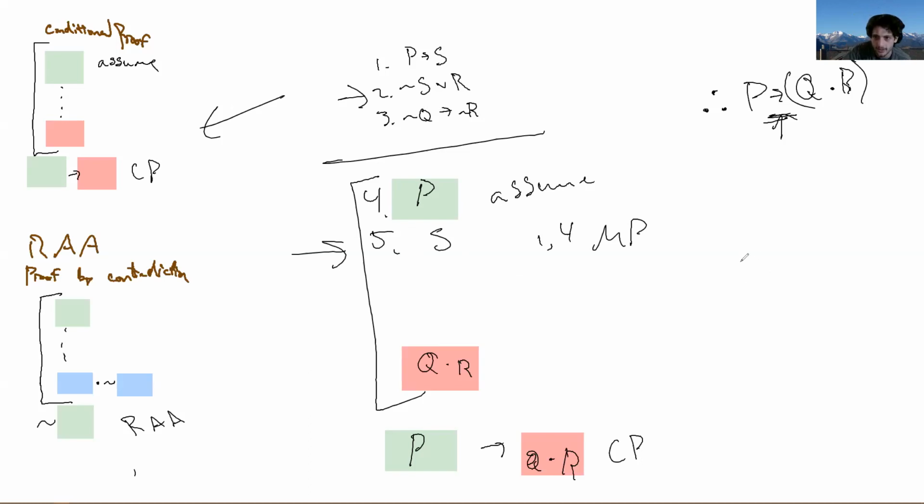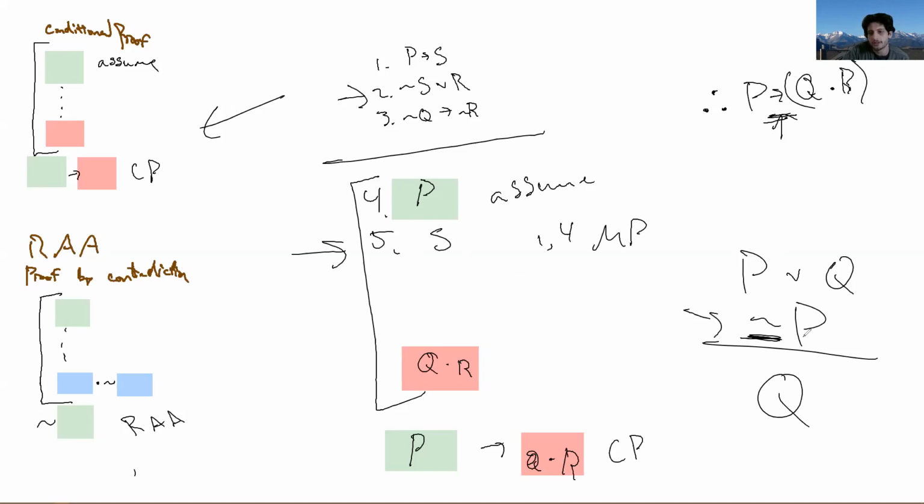DS is saying if you have P or Q, and then you have negative P, you can get Q back. But the second line always has to have an extra tilde. Here, they disagree on a tilde, which is what we want, but we wanted the second line to have an extra tilde. We've handled this already in some examples, but just making it more clear.